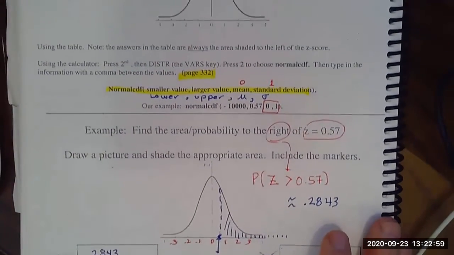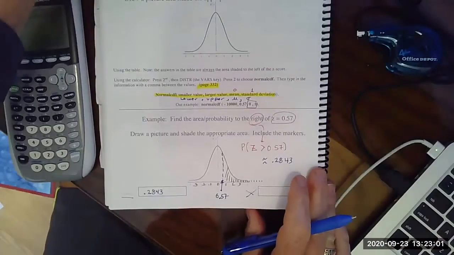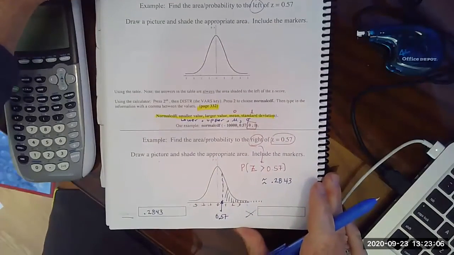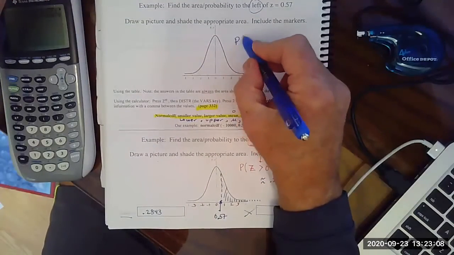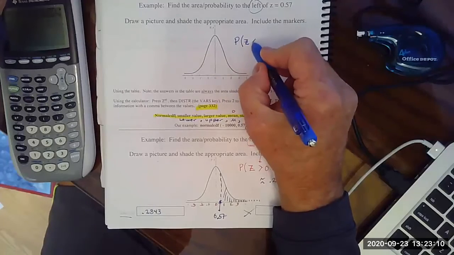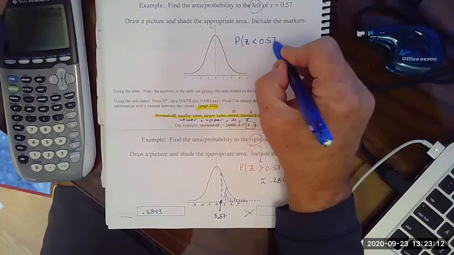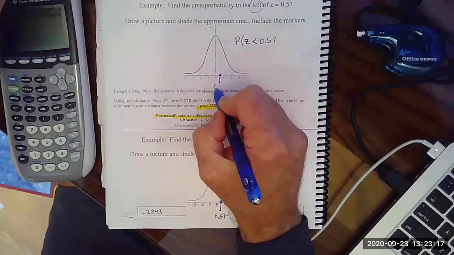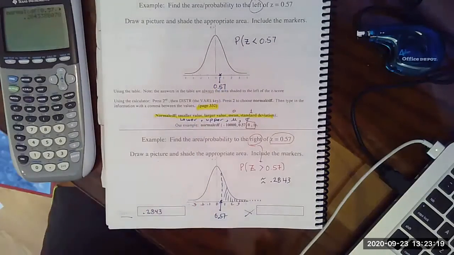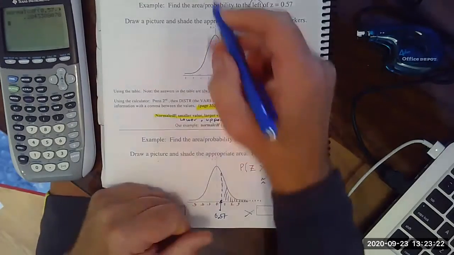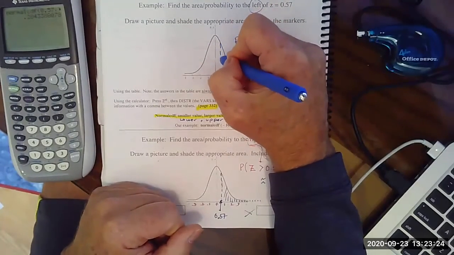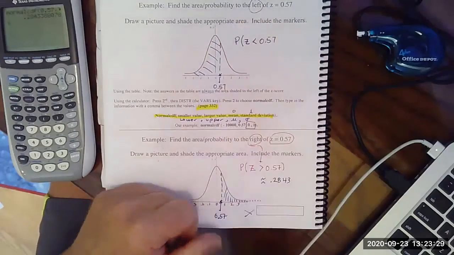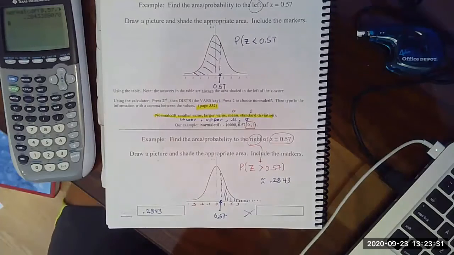Oh, up here. I didn't do this one, did I? To the left. I think this one says left. The probability that Z is to the left of 0.57. That's still right here. Well, that's more than 50%.